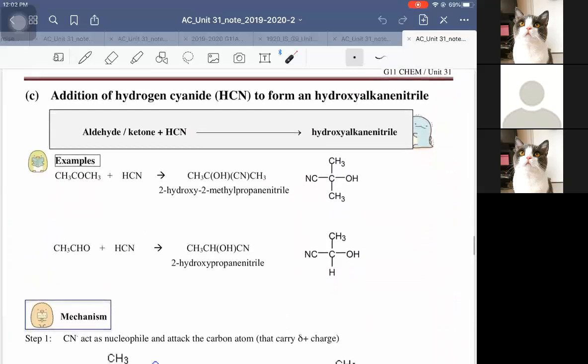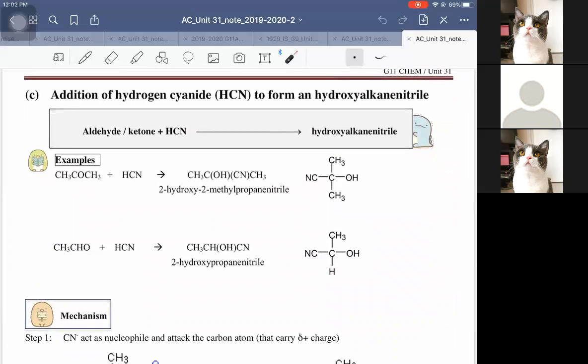And then, yes, so here, part C, we have the reaction, which is the addition of hydrogen cyanide, HCN, to form a hydroxyl alkane nitrile. Right, so for this one, you just need to remember the structure. So originally you have the carbonyl group, and after that it will be changed into a hydroxyl group and also a cyanide group.